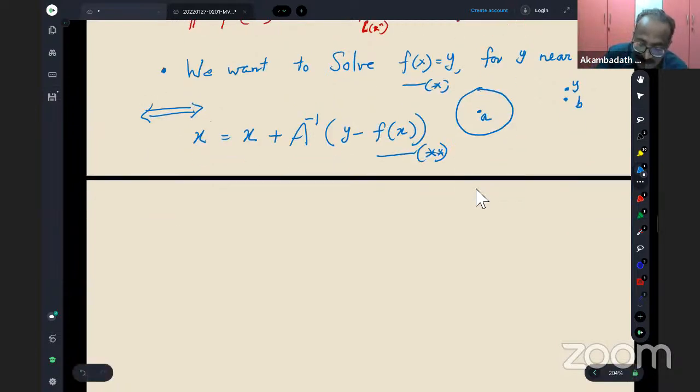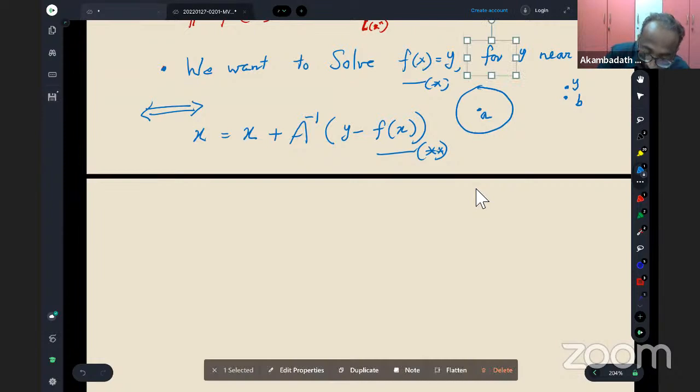That's clear, right? If f(x) equal to y, this term will become 0, and hence x equal to x is fine, x is a solution. On the other hand, if x is a solution to this one, x and x cancel, and then this term will be 0. Since A inverse is invertible, its kernel is trivial, so y equal to f of x.